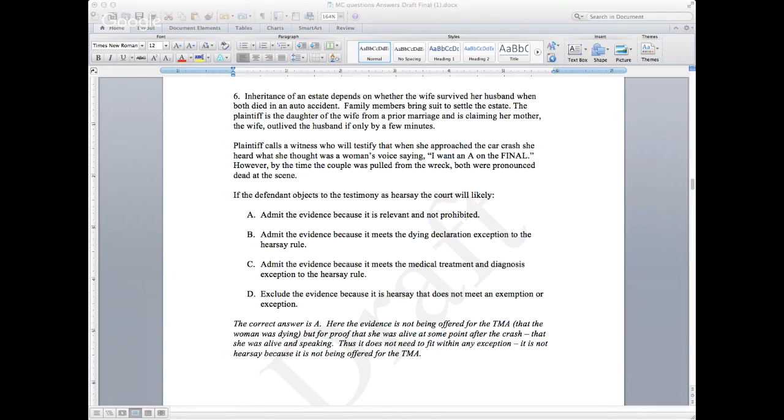It was a big issue because it was hearsay, since we were showing it to prove the truth of the matter that he was actually alive. But then it was, well, we're not offering to prove he was alive, we're just offering to prove that he said something. I think that's where she got this example from, because there's an actual famous case in Wills and Trusts about the same issue.